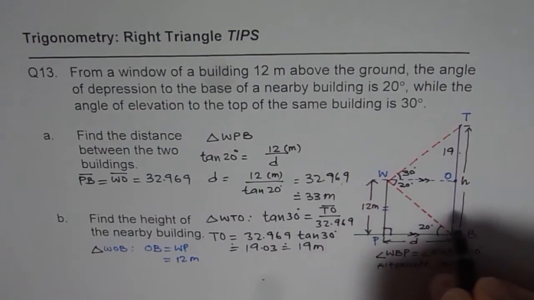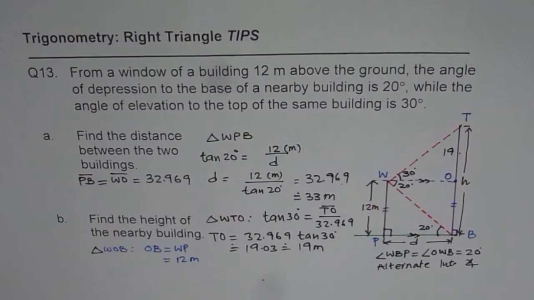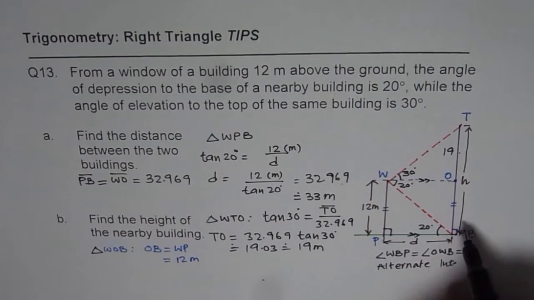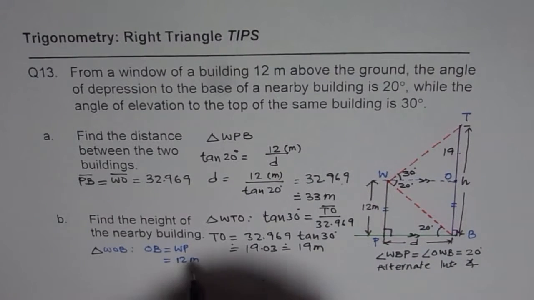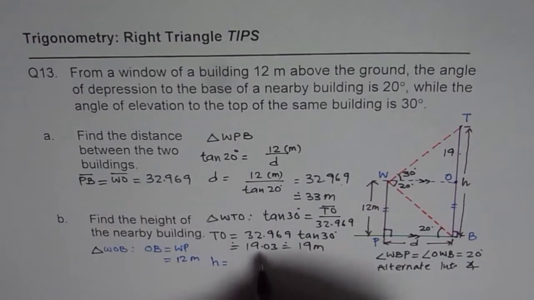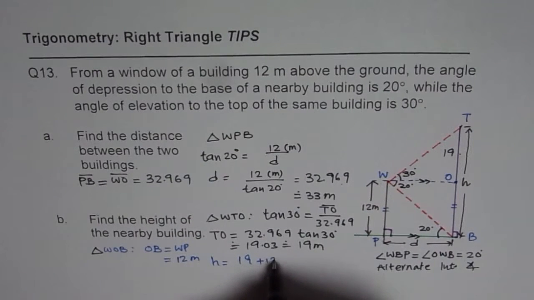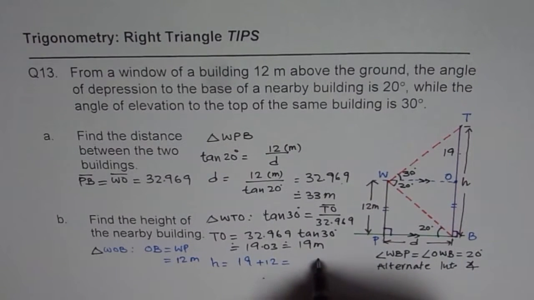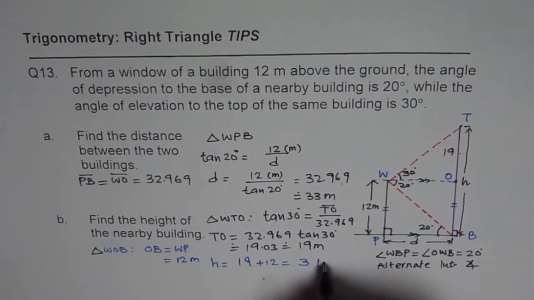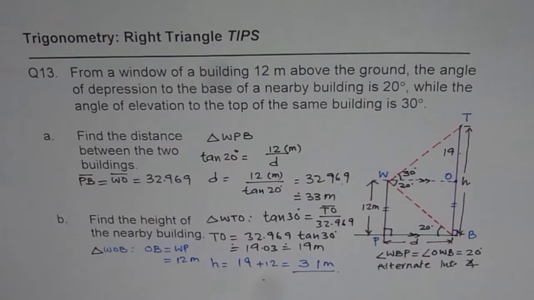These two side heights are the same. So the total height is the sum of TO and OB, right? So the height of the building, let's say H, is equal to 19 plus 12, which is 31 meters. Do you get the idea? So the height of the building is 31 meters.